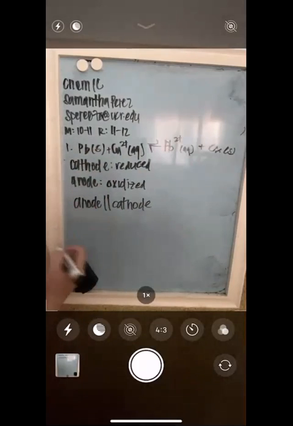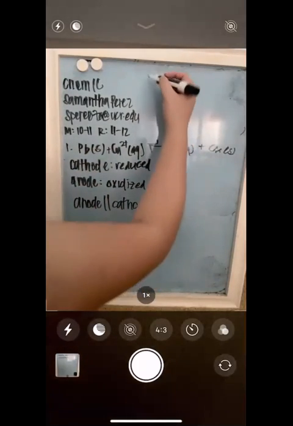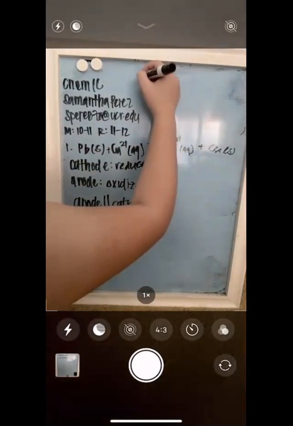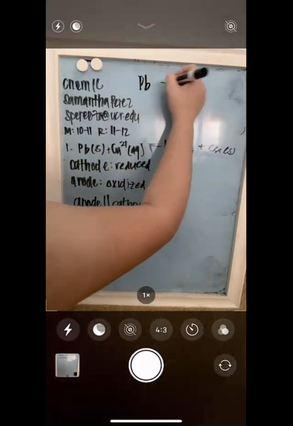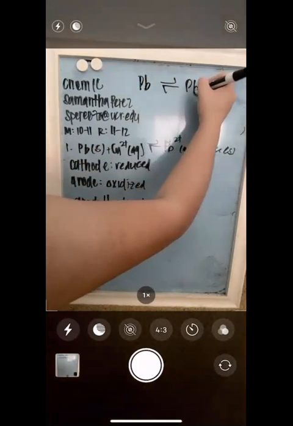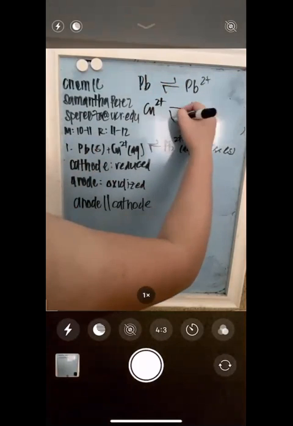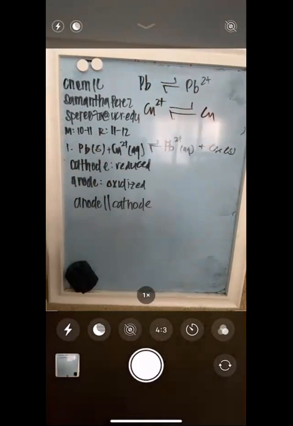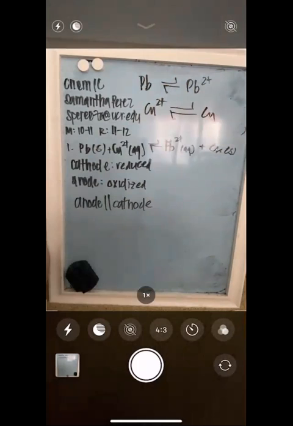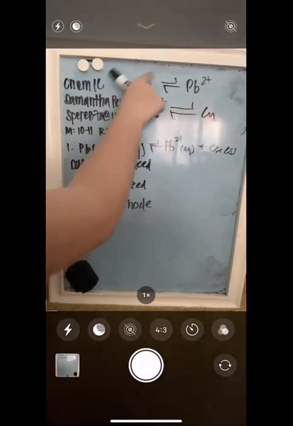Well, we look at the half reactions. If we look at the half reactions, I'm going to put them up here. We have Pb goes to Pb2+, and Cu2+ goes to Cu. We know that it can't just stay the way it is because the charges have to be balanced.